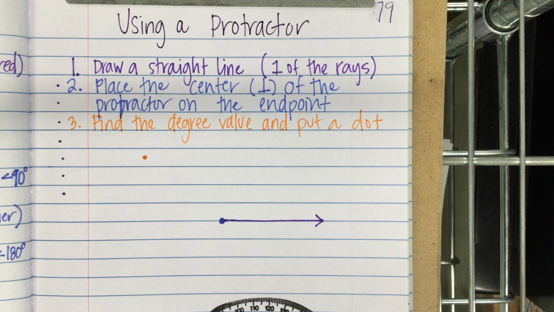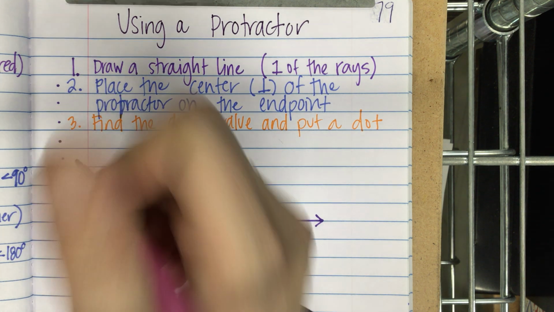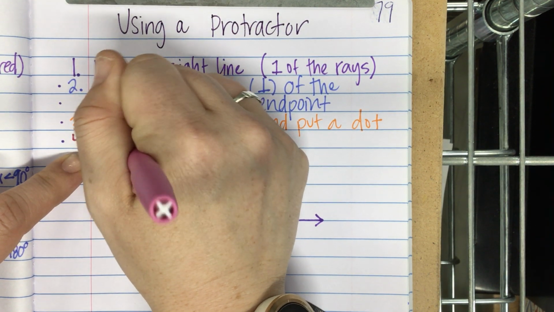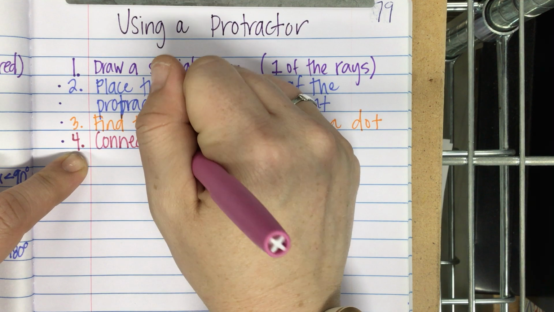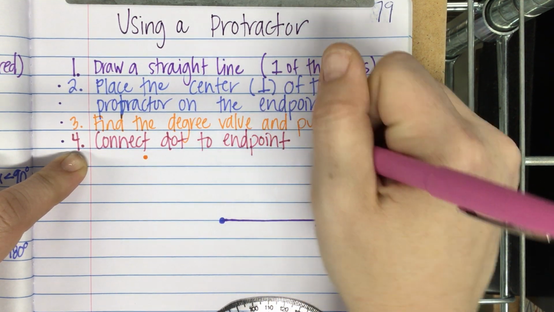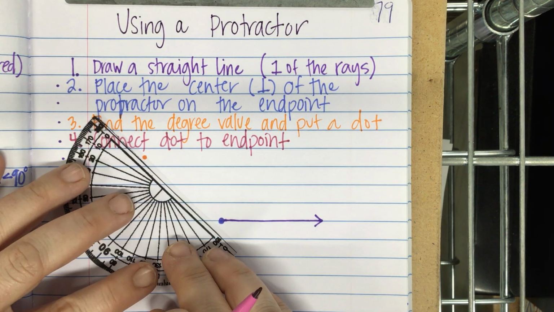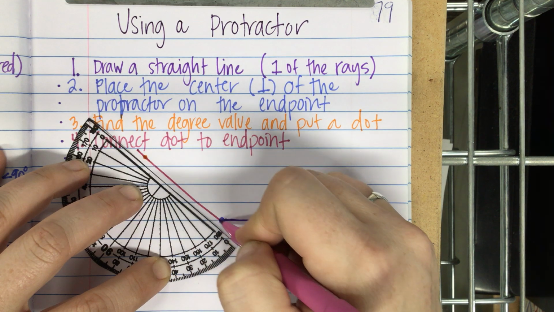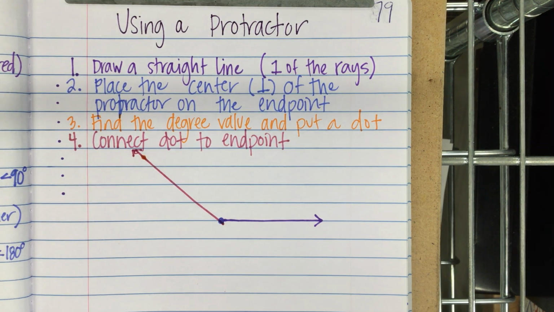Then you're going to connect the dot to the end point. And there's my obtuse angle.